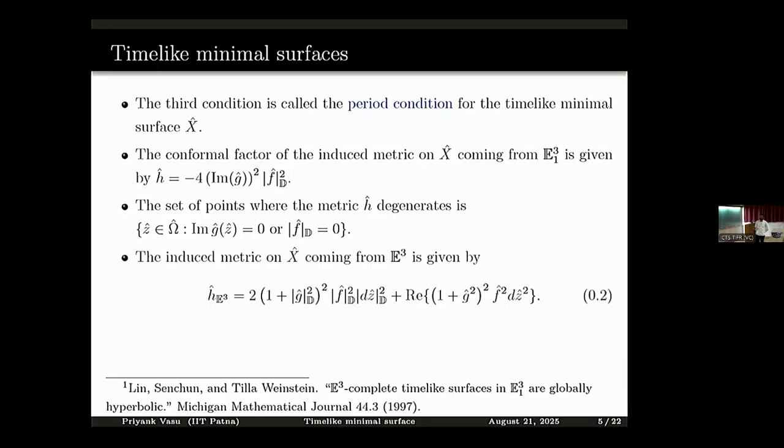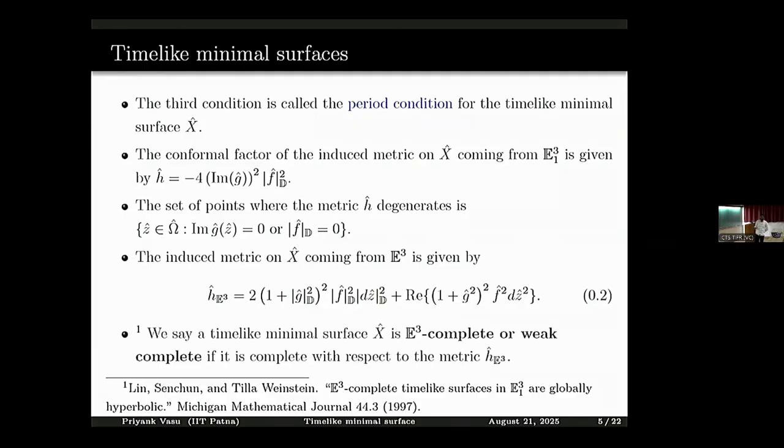Also, because E^3_1 is the same as Euclidean space E3 as a set, we can also put the metric coming from E3, which will be represented by h hat E3. We say a time-like minimal surface is E3-complete, or weakly complete, if it is complete with respect to the metric induced from E3.